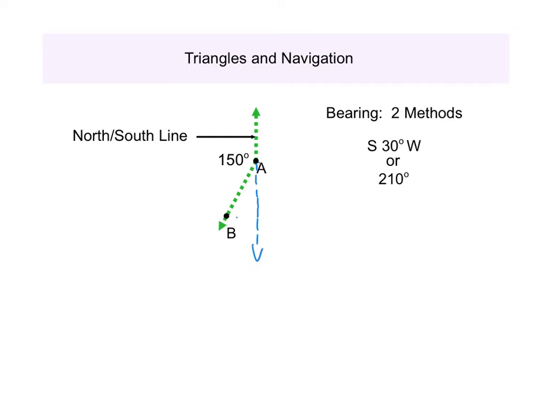So I'm going to extend this line down here, and this angle here is 30 degrees. So the bearing here is south, because I'm measuring from the south line, 30 degrees west. Or using our second method, we measure clockwise. That's 210 degrees, 180 plus 30.